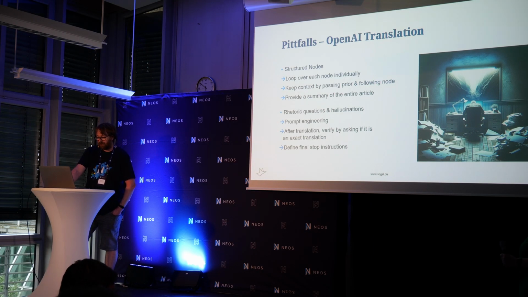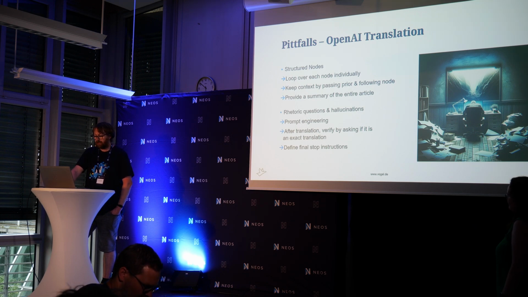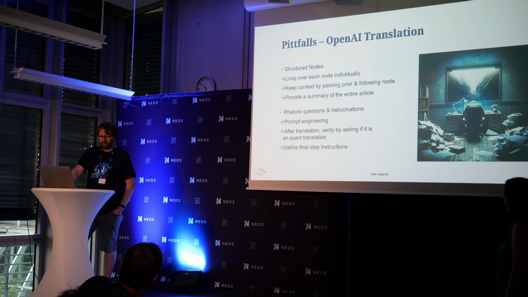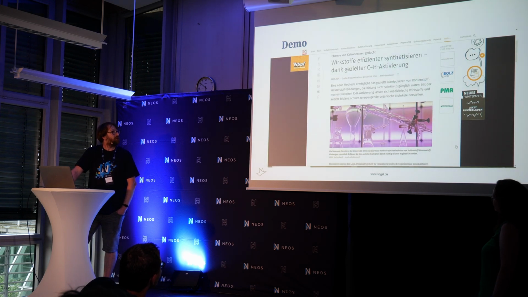So we need to define stop words so that we don't constantly retry to get an answer and simply leave that part as is. And there were lots of other mysteries, and if you're interested, we can talk afterwards. Here's a short demo of how it works.